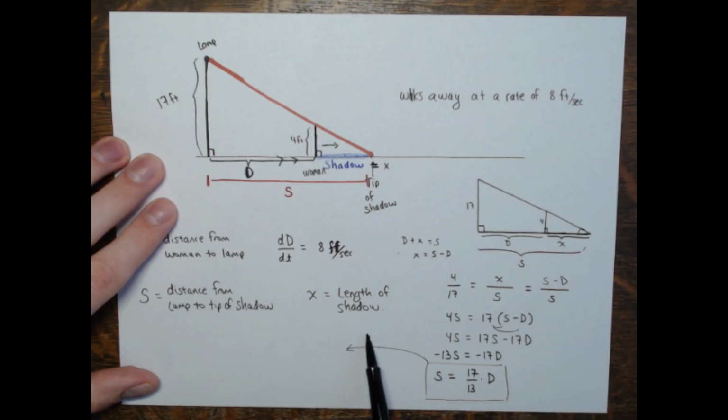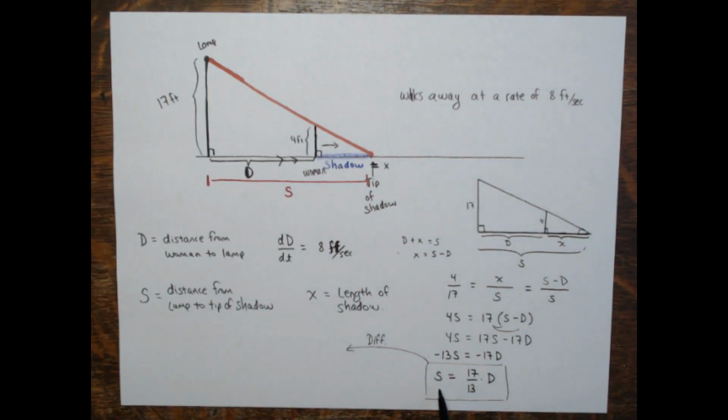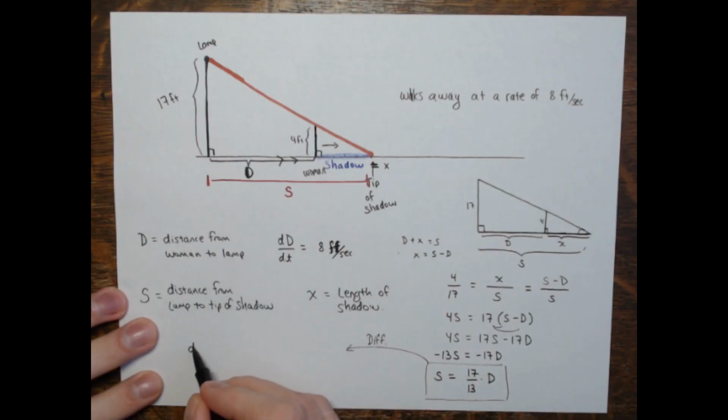Okay, so there's my equation that I'm going to be differentiating both sides with respect to time. Because again, both these things change as time goes on, right? Her distance from the pole and her shadow tip's distance from the pole. So now I differentiate with respect to time. The rate of change they're asking for, ds/dt, is the speed at which the tip of the shadow is moving away from the pole.